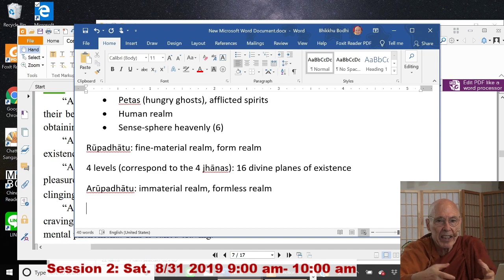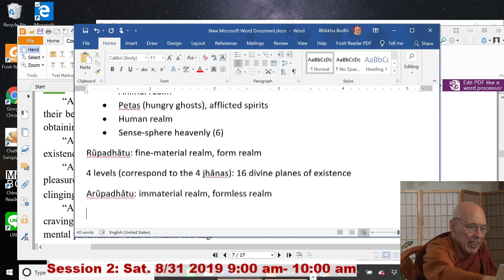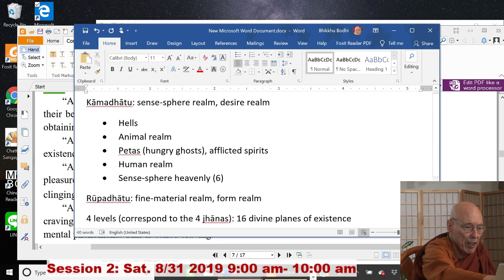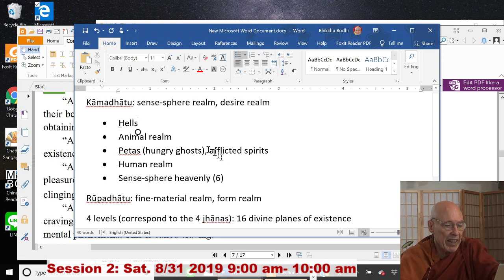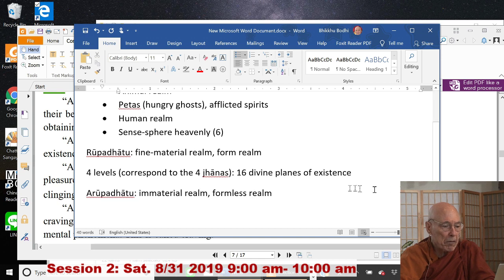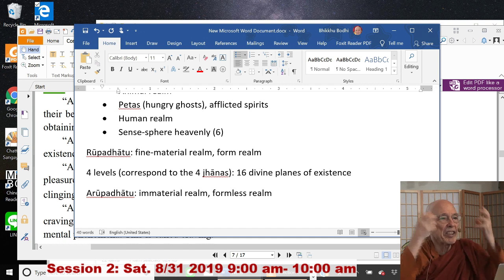The grosser kinds of matter that we find in the sensory realm are absent in the fine material realm. But when one moves from the fine material realm to the immaterial realm, matter is completely absent. There's just consciousness or mind existing in that realm.